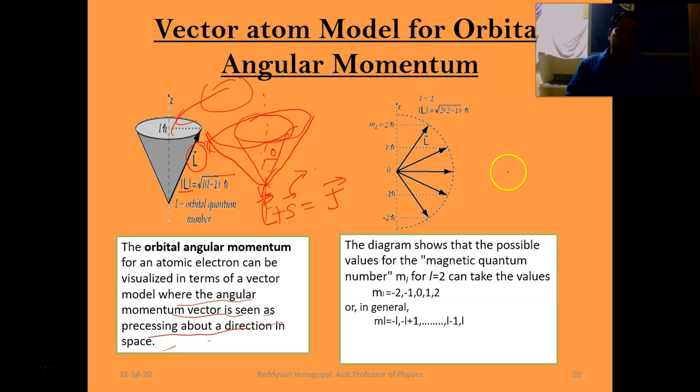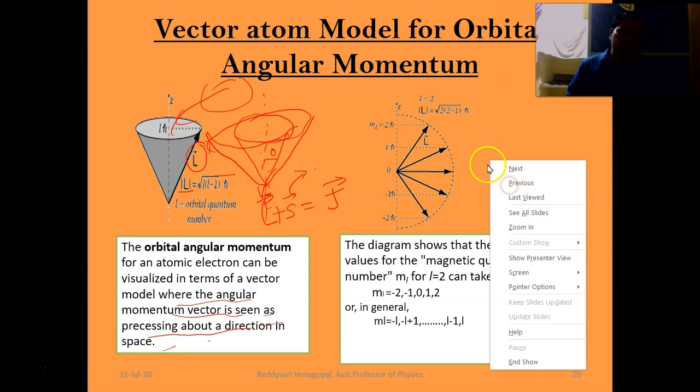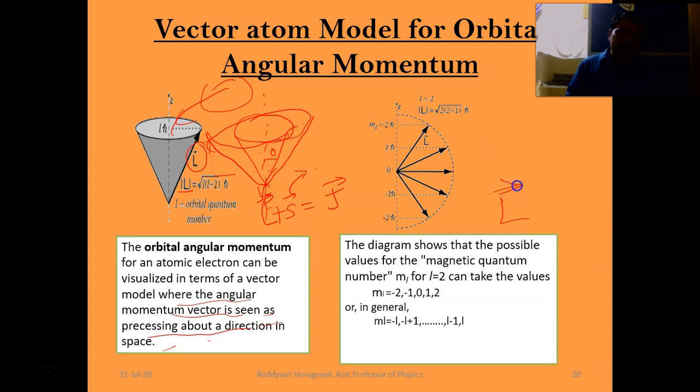If we take this one, the diagram shows the possible values of the magnetic quantum number ml for l equal to 2, that is ml is equal to minus 2, minus 1, 0, 1, 2. So here this angular momentum cannot take all values.